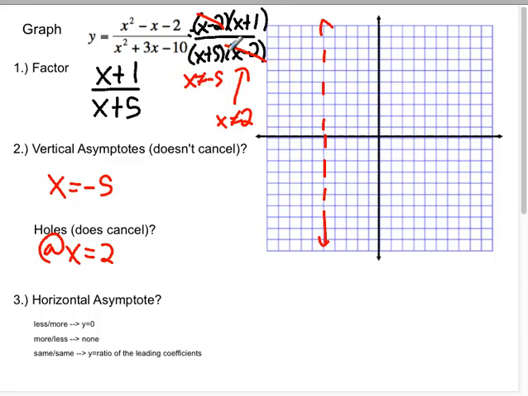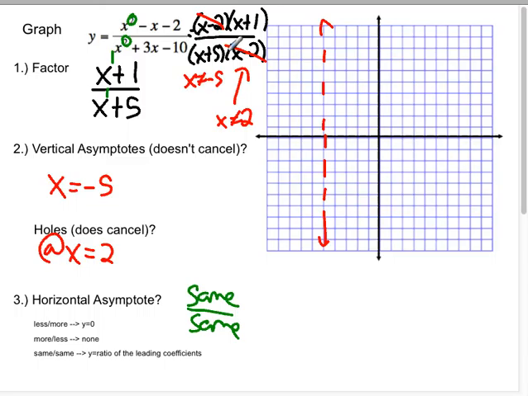The horizontal asymptote. Now notice it actually doesn't matter what you use here. Degree 2 divided by degree 2 or degree 1 over degree 1, both of them employ the same rule of same degree over same degree. It doesn't matter if you use the original or the reduced.